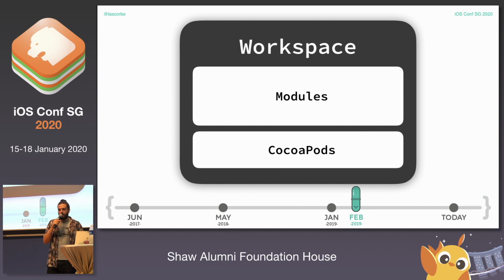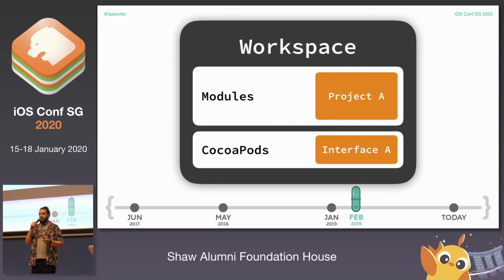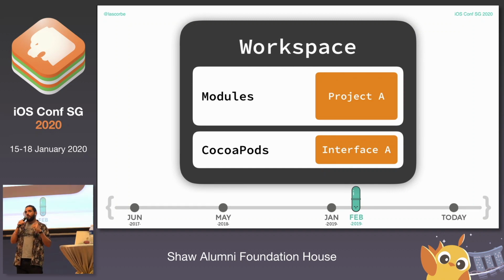To give you an example, we have models, we have CocoaPods, and then we have the project A, with the interface A. So the interface is what you can see from the outside. We did it this way because one model cannot see the other one. They cannot be seen between them. But anything we had in CocoaPods can be accessed from the project or from any model.